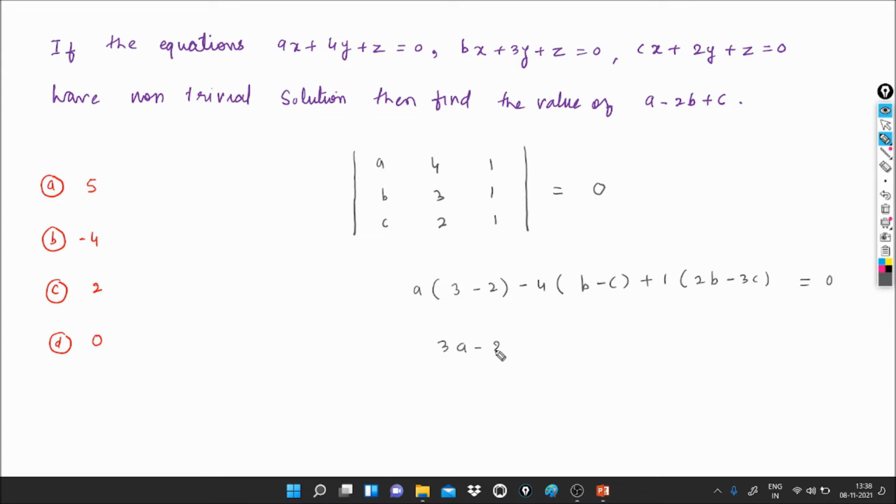So 3a minus 2a minus 4b plus 4c plus 2b minus 3c. So 3a minus 2a means a, minus 4b plus 2b means minus 2b, plus 4c minus 3c means c, equal to 0. So therefore a minus 2b plus c is 0, and our answer will be this.